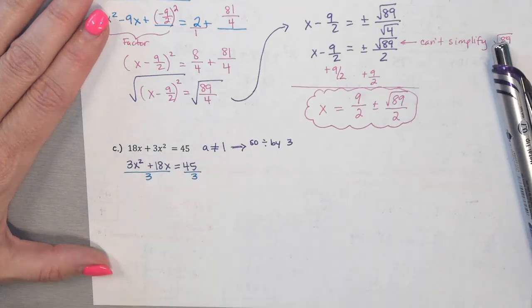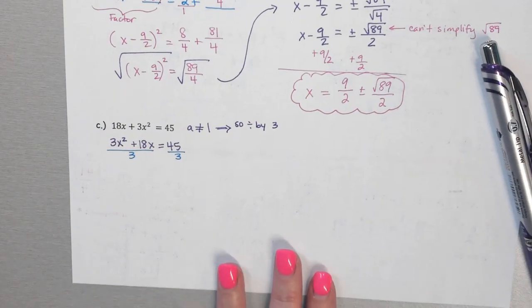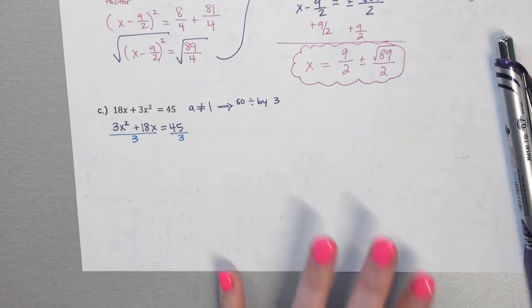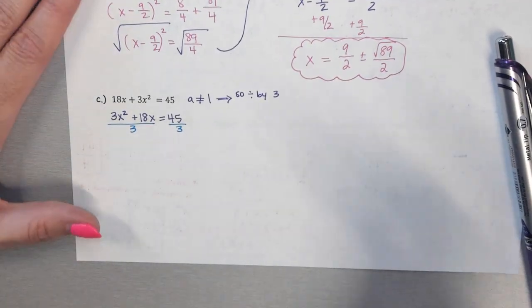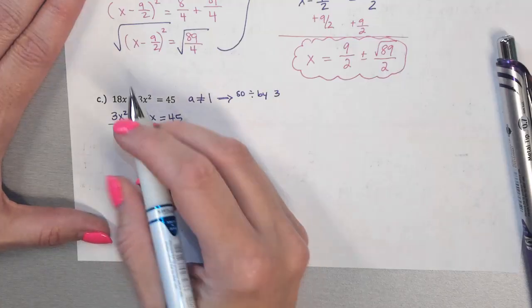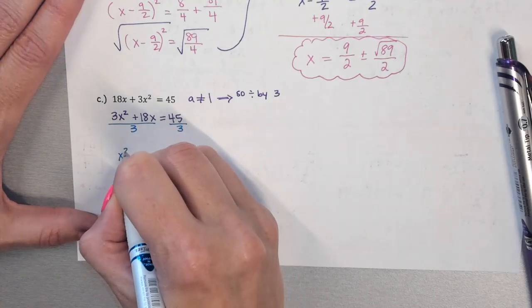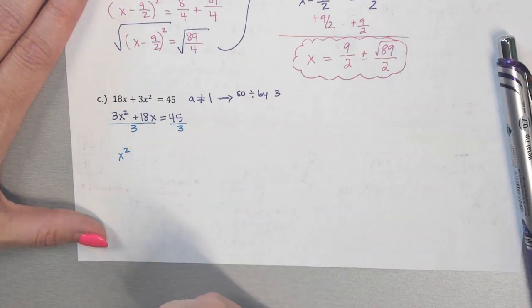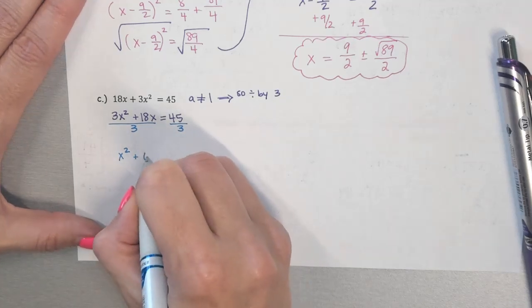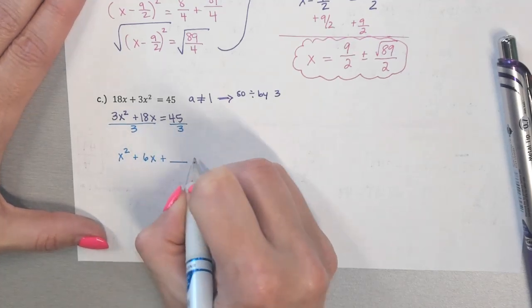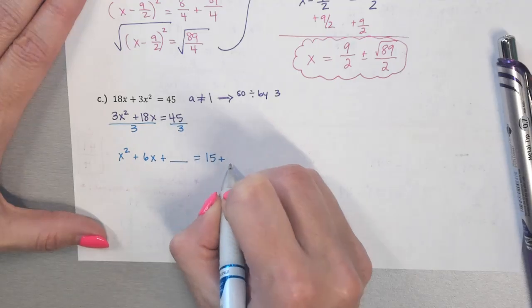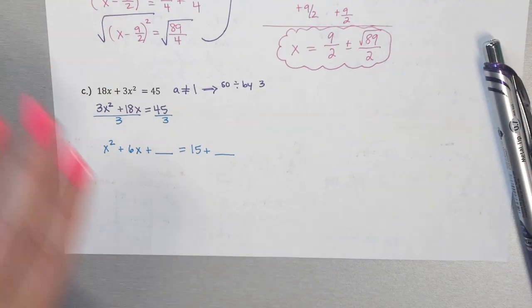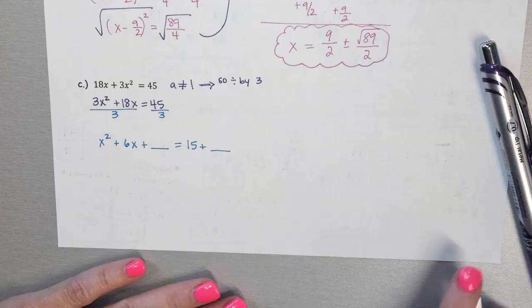And this one is pretty nice because everything divides into it evenly. That might not always happen, but we've seen ones where it's odd or a fraction, so we can practice those. So now we have x squared plus 6x. I'm going to put my blank in here because I know that's my next step. Okay, and let's see if you can go ahead and finish that.